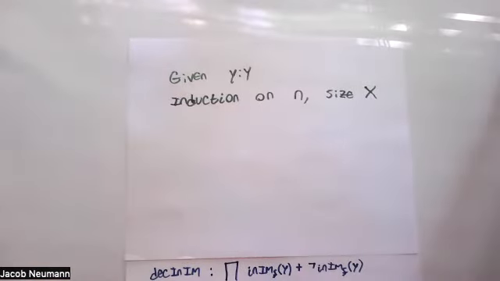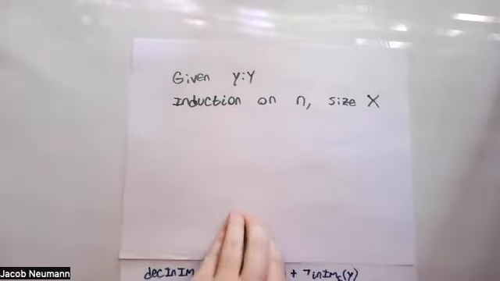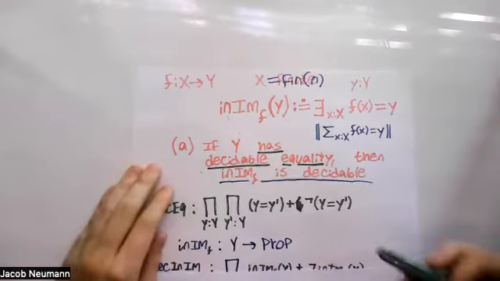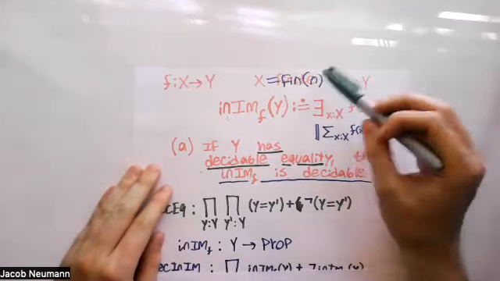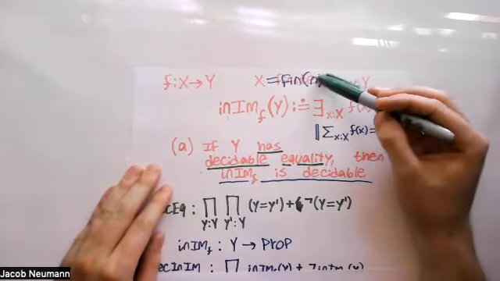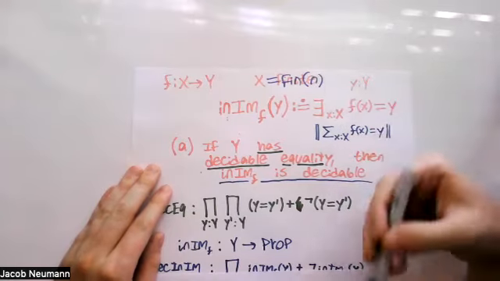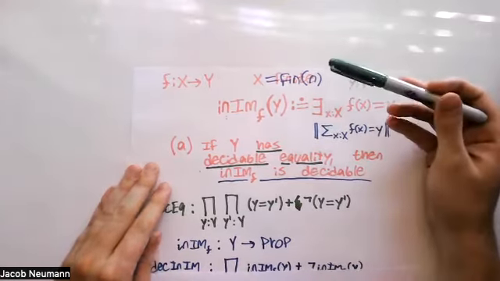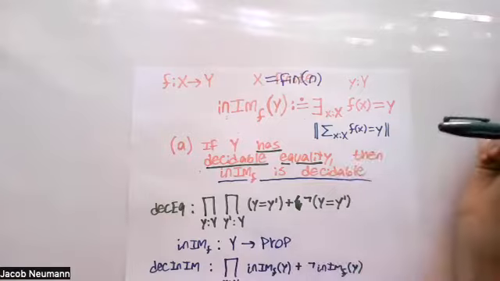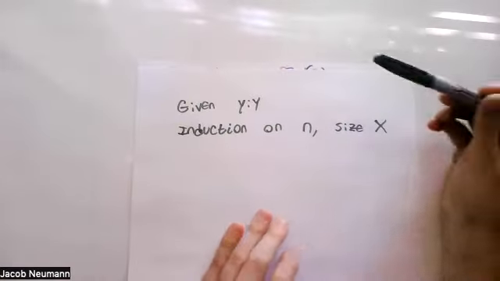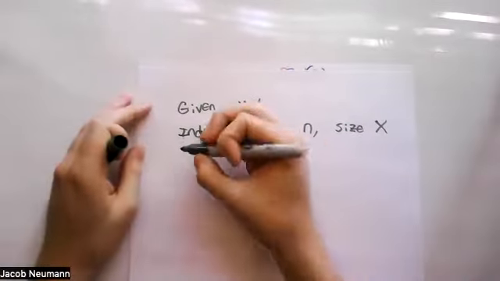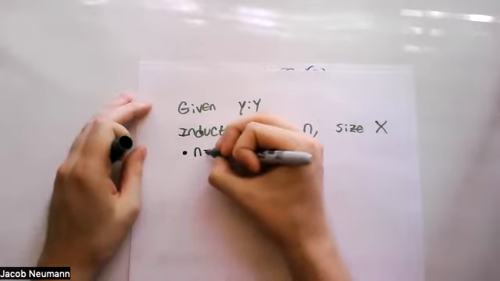So we assume that X is some Fin n. So n is the cardinality of X. And so let's do induction on anything that n might be, and then we're going to prove this claim by induction. And so our base case is that n equals 0.